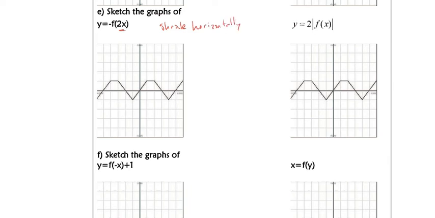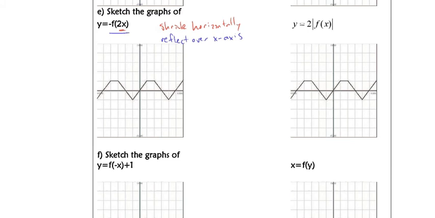And then after I shrink it horizontally, I'm going to multiply my output by -1, which really is reflecting over the x-axis. My y values will switch, so it gets reflected over the x-axis. And so our final graph is going to be the one in blue, but I'm going to do two of them to build it out piece by piece.